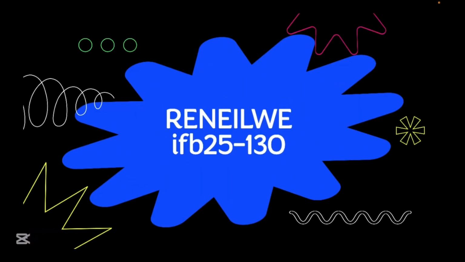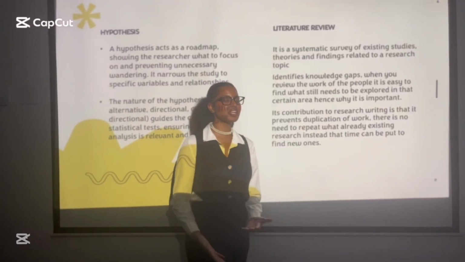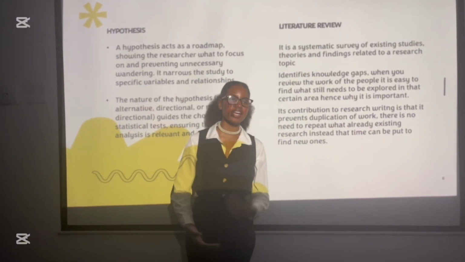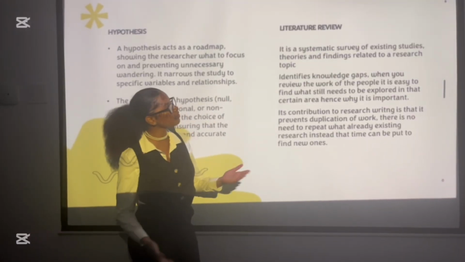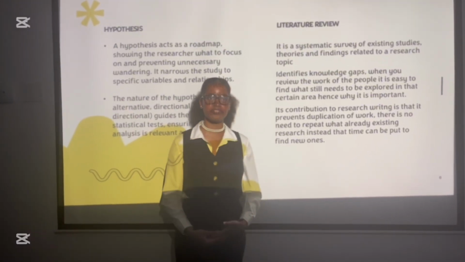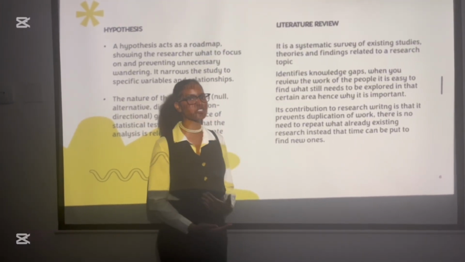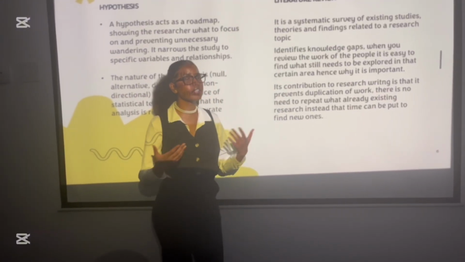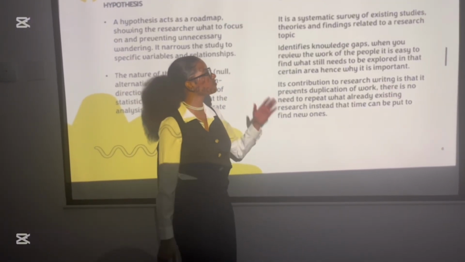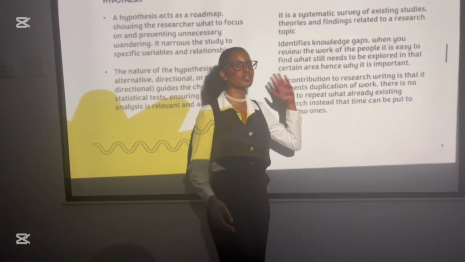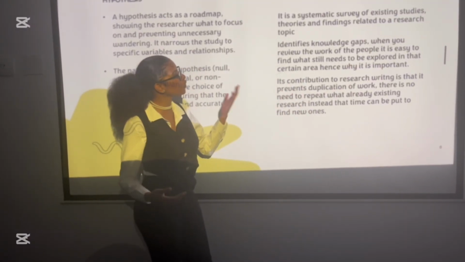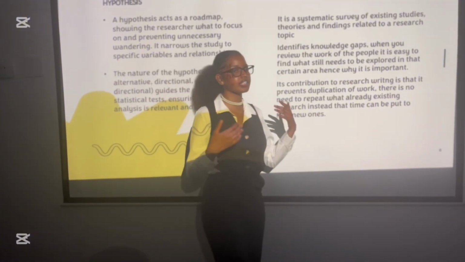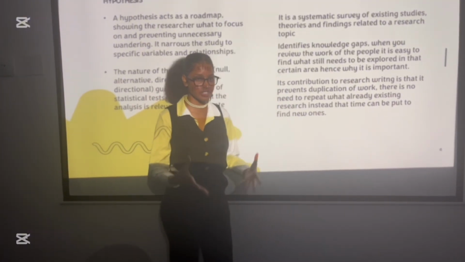Another stage that we have is literature review. A simple definition is that it is a systematic survey of existing studies, theories, and findings related to research topics. There are many importances to literature review, but the one that we'll be solely focusing on is that it identifies knowledge gaps. When you review the work of other people, it is easy to find what still needs to be explored in that field.